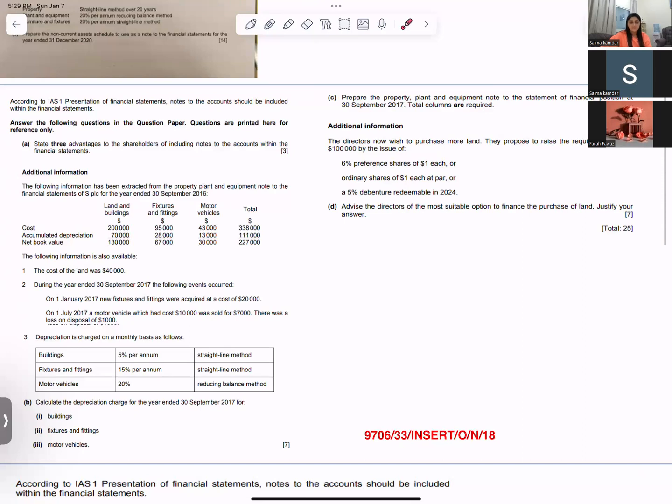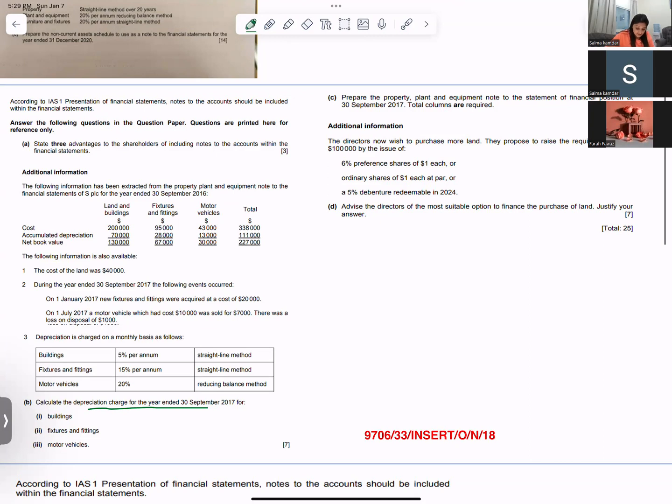We have 3 non-current assets: land and building, fixtures and fittings, and motor vehicle. What do they want from you? They want the depreciation charge for buildings, fixtures and fittings and motor vehicle, correct?